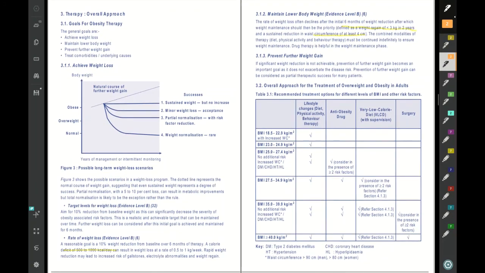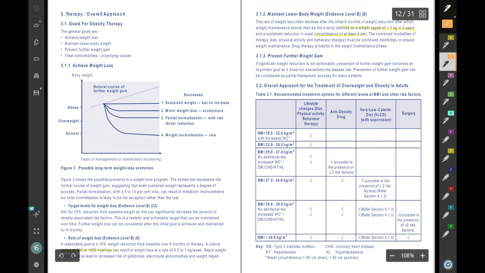Okay, so how do we achieve this weight loss from our dietary side? It is when we reduce our intake by 500 to 1000 kilocalories per day. We will cover that at a later point. So after we lose the weight, we want to maintain the body weight.